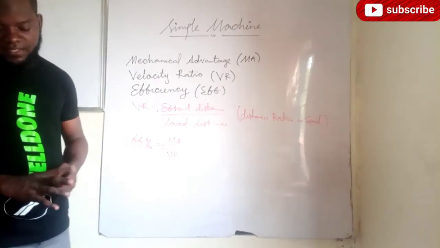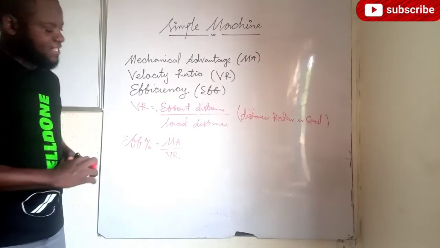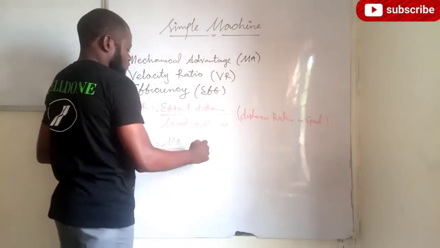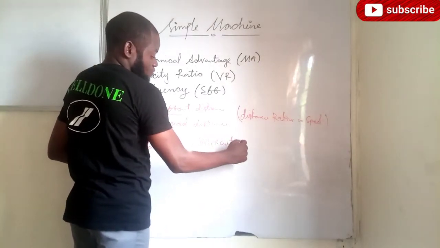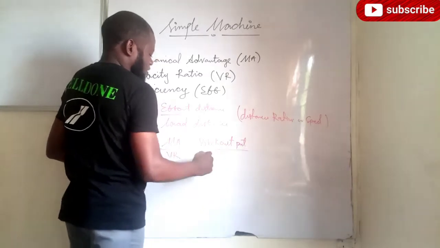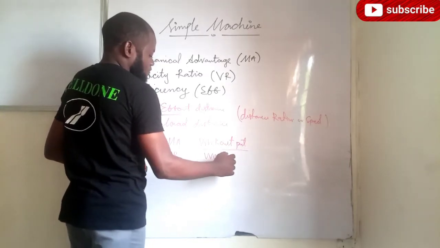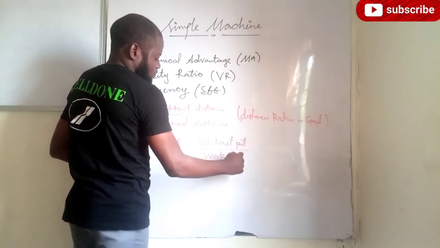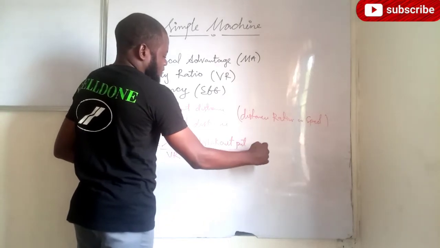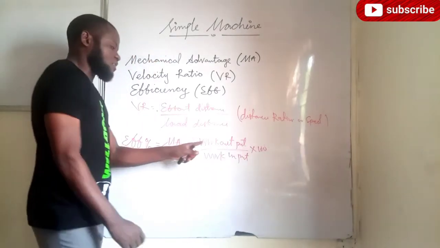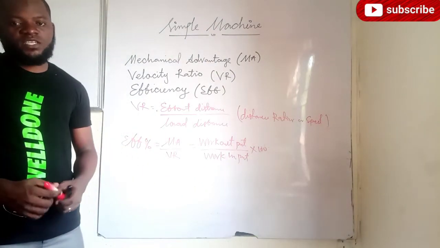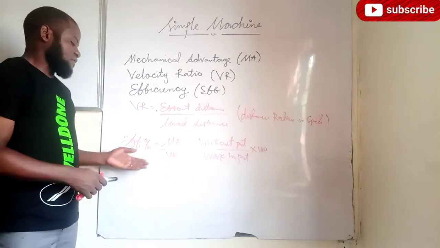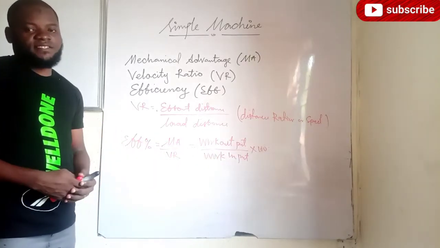We can also say it is the work output divided by the work input, multiplied by 100. So efficiency is work output over work input. That's the definition of efficiency.